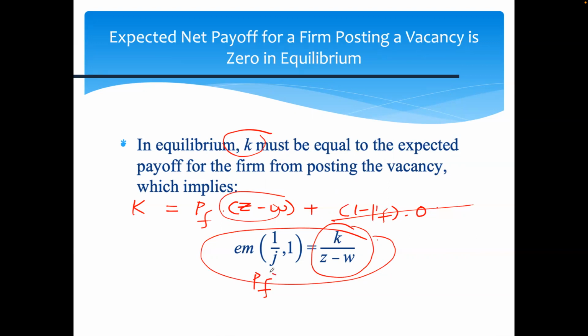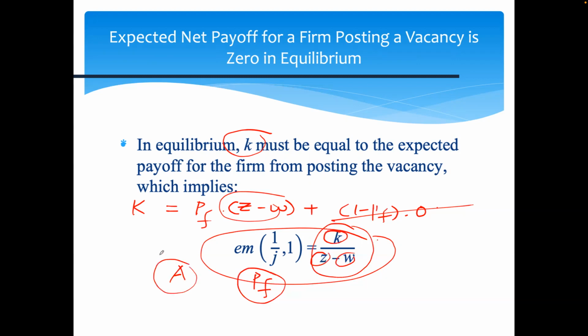However, this chance is largely determined by A. Given K and Z, or maybe given W, that's going to affect how many vacancies the firm is going to post.